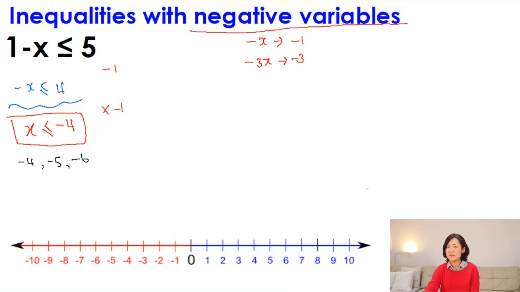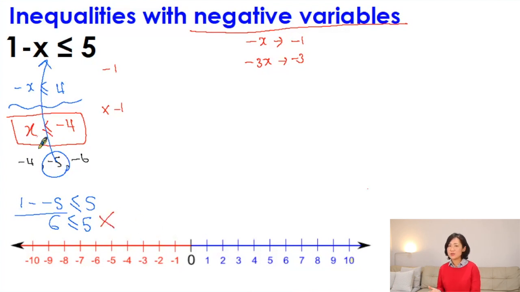I'm going to choose minus 5 and substitute minus 5 for x, so my inequality will be 1 minus minus 5, because instead of x we put minus 5. That is 6. Then our final inequality is 6 is less than or equal to 5. Is it true? No, it's not true. That means your x is wrong, right? Now we need to think again. This is not the right solution.